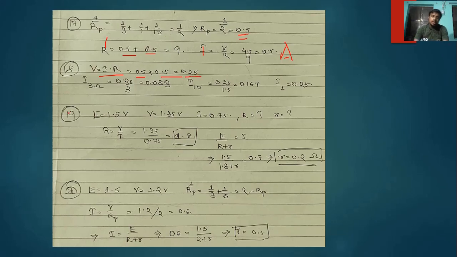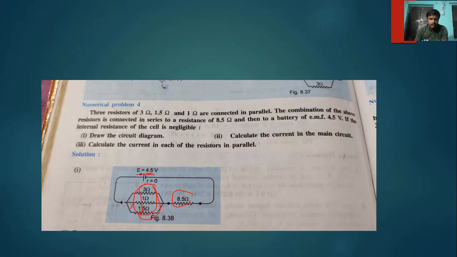Then we have to find the current in each resistor. So when we find the current in each resistor, I for 3 ohm is equal to 0.25 by 3, that would be around 0.083. For 1.5 ohm, that would be 0.25 by 1.5, because the I is not the same in a parallel circuit.